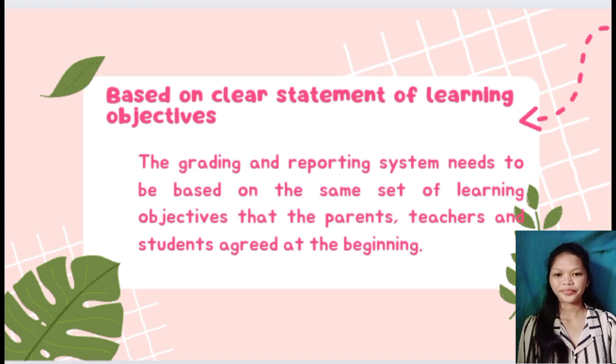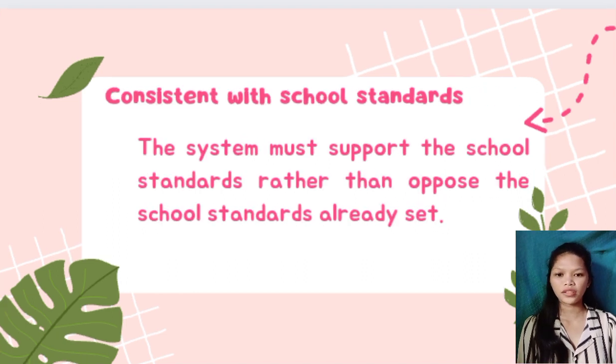Okay. The next one is being consistent with school standards. The system must support the school standards rather than oppose the school standards already set. So what does it mean? Okay. The system must align with or complement the existing school standards rather than contradict or work in opposition to them.